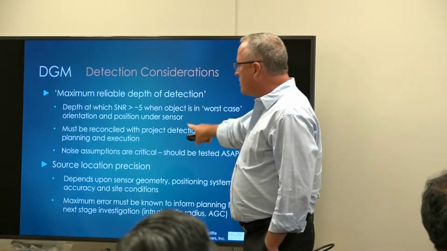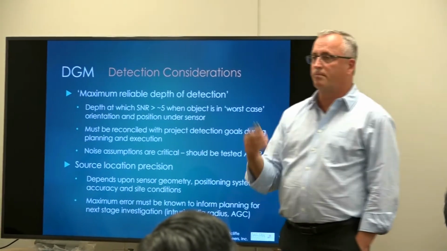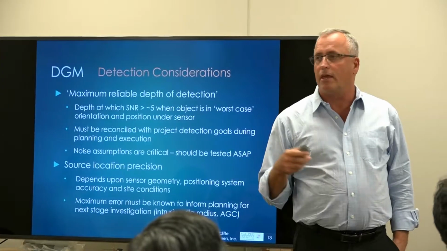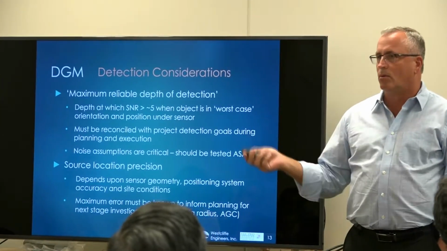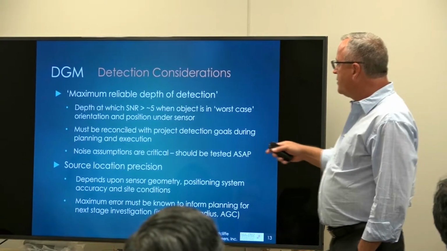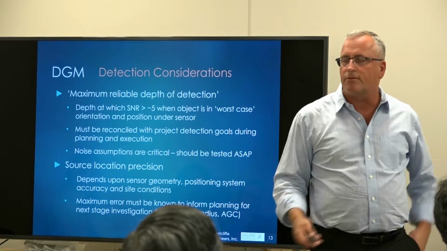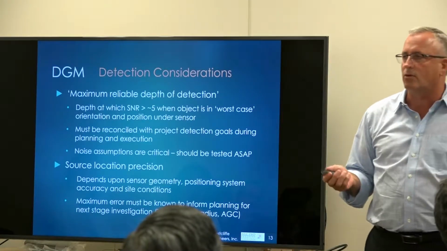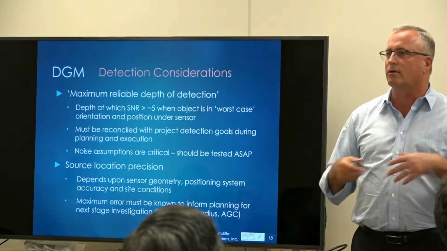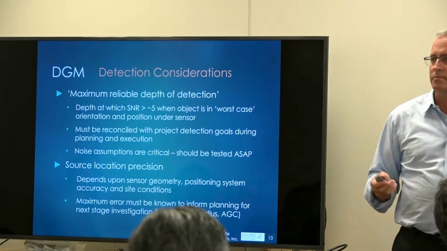This is a very important concept during planning that you have to make sure people understand, or people that are doing the work, to make sure that they're telling you what their maximum reliable depth of detection is going to be. And you have to reconcile it with how deep you want to look. Right? Because if you can't see deep enough with these sensors, you have to plan for either a staged approach or a different way of addressing the problem.